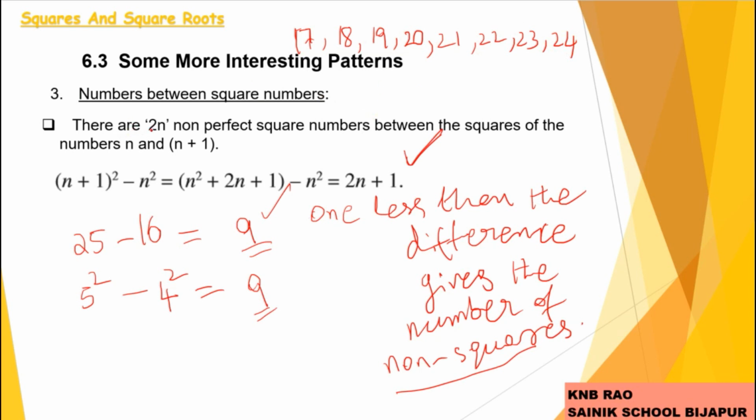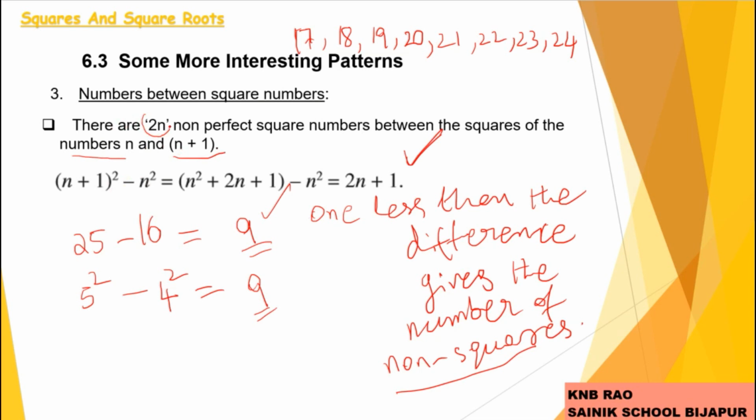There are 2n non-perfect square numbers between the squares of the numbers n and n plus 1.